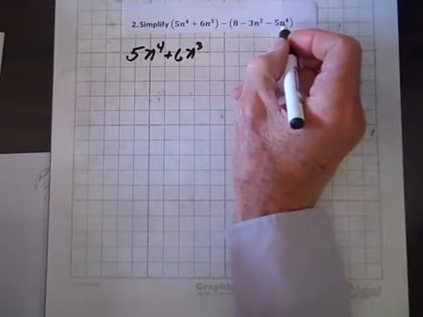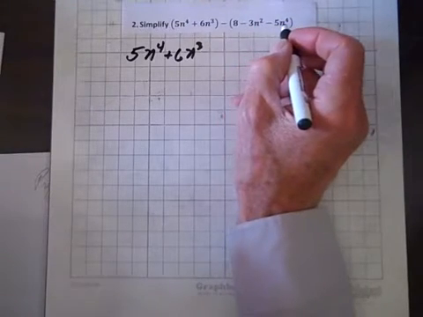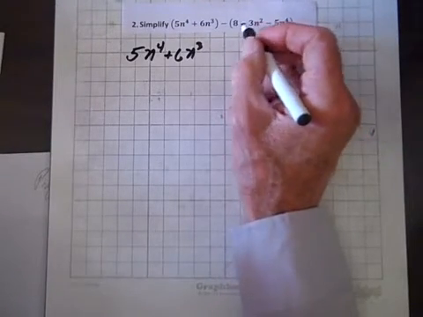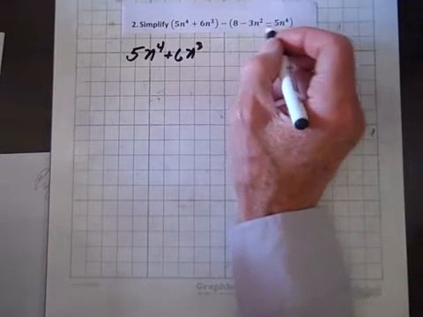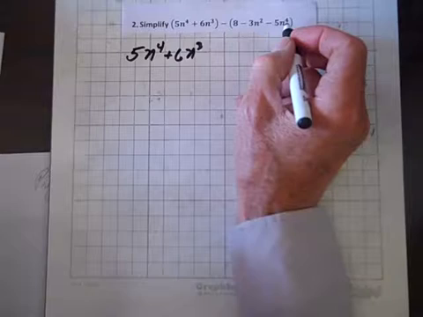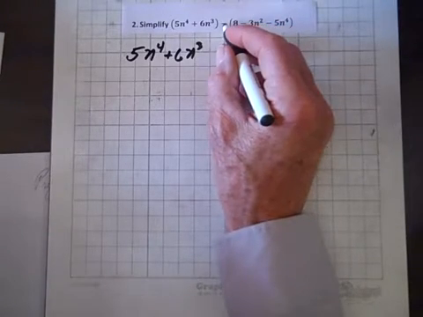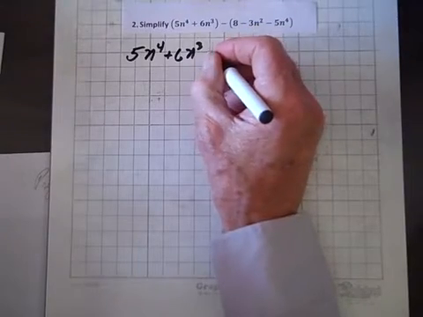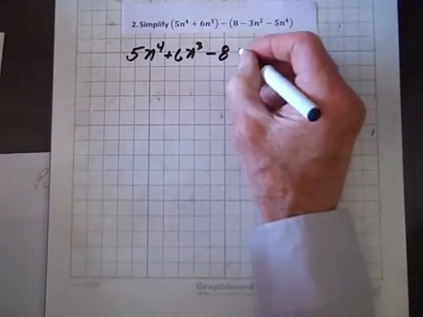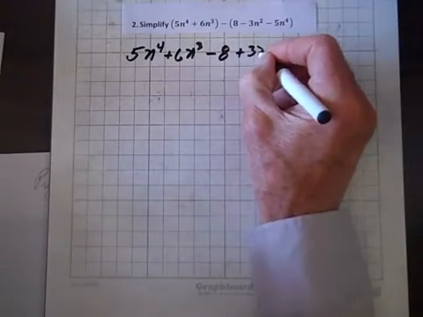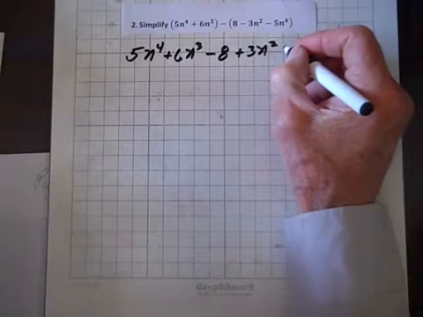Now, for these parentheses, in order to dispense with them, we have to multiply through by this negative. Anytime you multiply through by a negative, it's going to change every sign in the parentheses. So a negative times a positive is going to be a -8. A negative times a negative is going to be a positive 3n squared. A negative times a negative is going to be a positive 5n to the 4th.